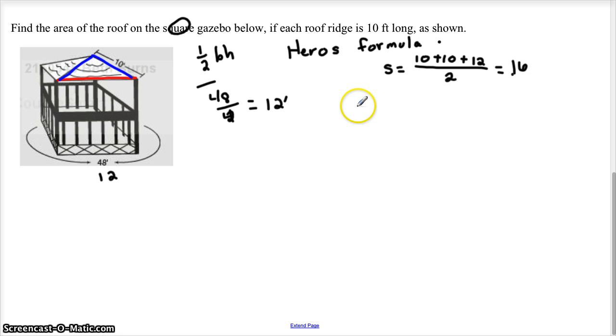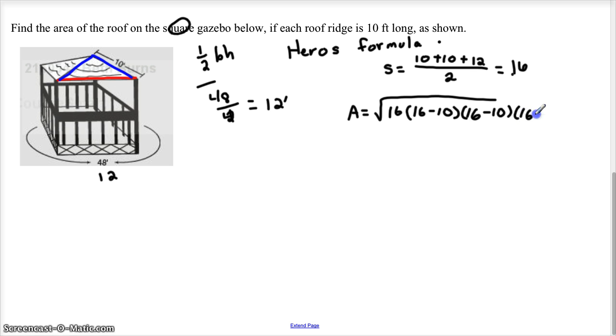Now I can plug that into Heron's formula. My area is the square root of S times the difference between S and each of the lengths. So this will be 16, then 16 minus 10, then 16 minus 10 again because that's the second side, and then 16 minus the third side, which is 12.